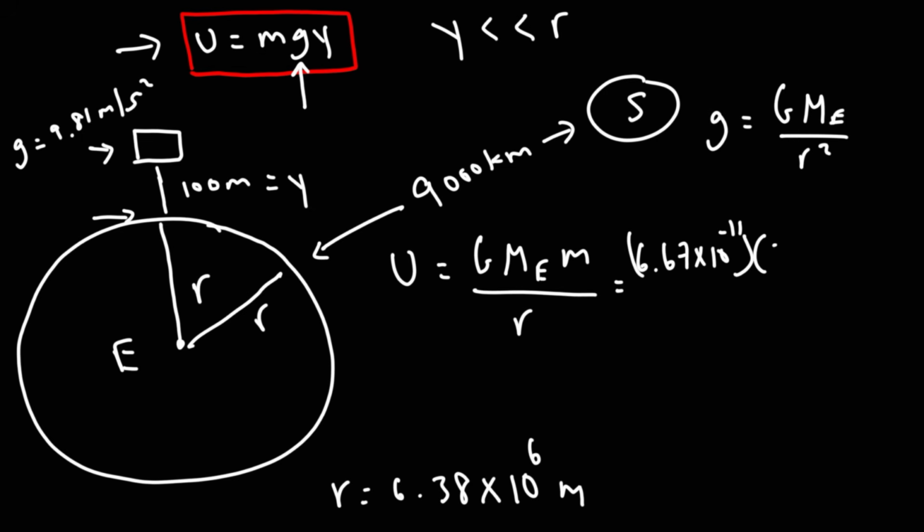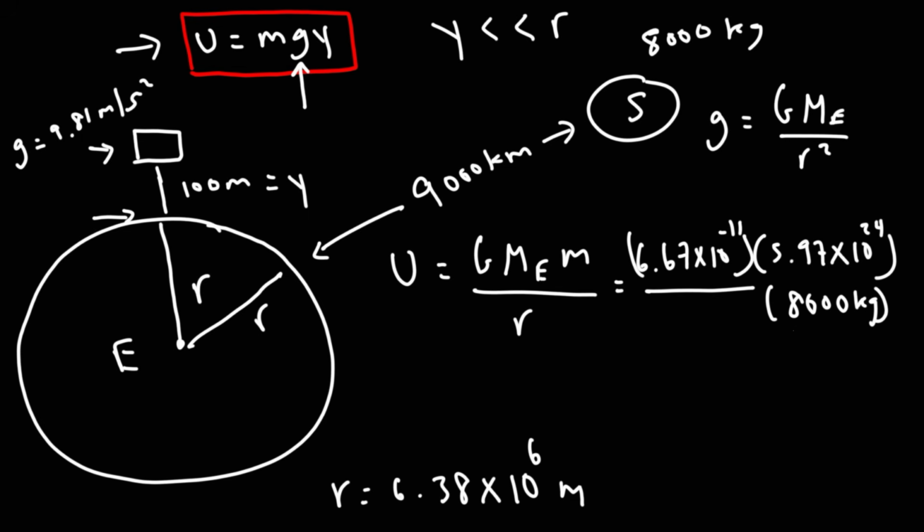The mass of the Earth is still the same. And we're going to multiply by the mass of the satellite. Let's say the satellite is 8,000 kilograms in mass. So all this needs to be divided by r, the distance between the center of the Earth and the satellite.